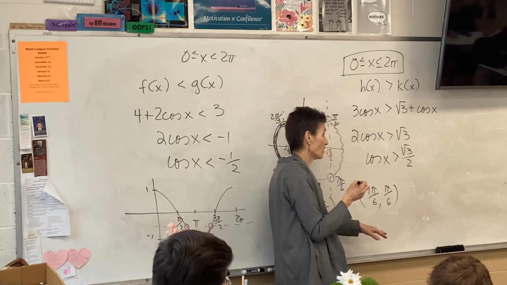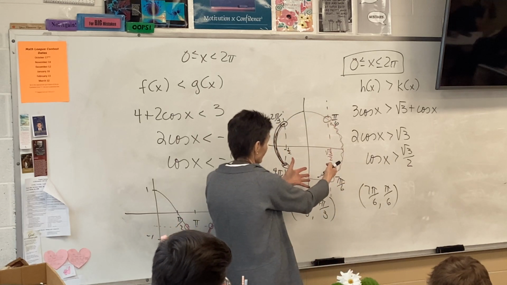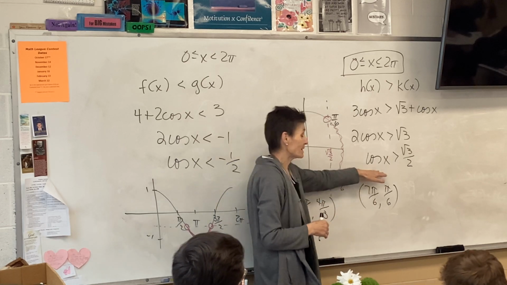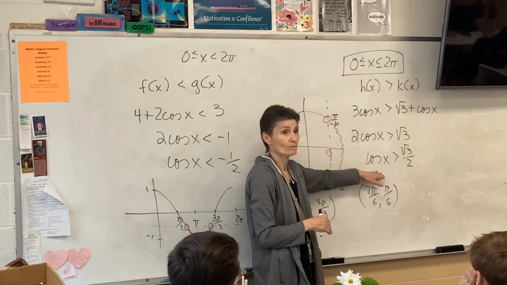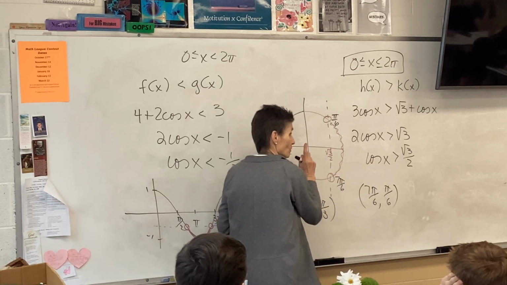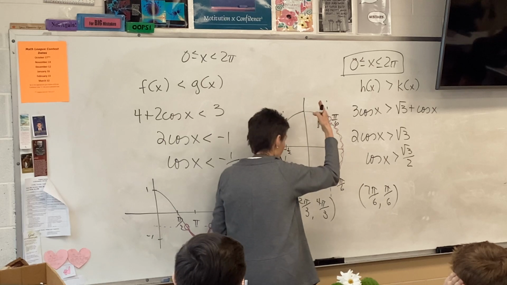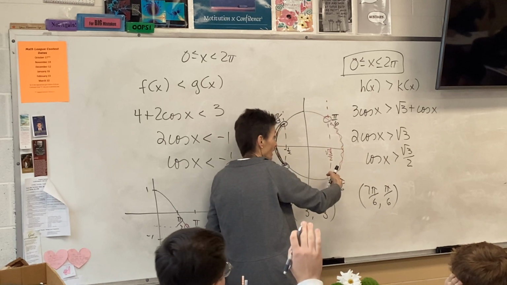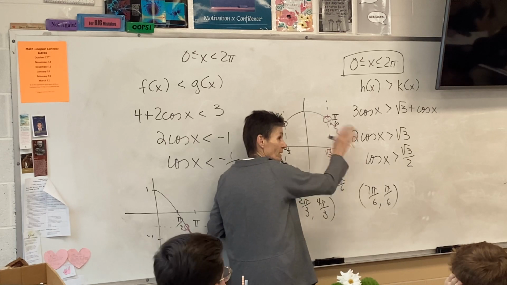Okay? So, I've got my unit circle drawn here. Well, first of all, did everybody get this? Cosine greater than root 3 over 2? If you're using a unit circle, would you agree this is where x is root 3 over 2, cosine is x, and that's where x would be bigger than that?